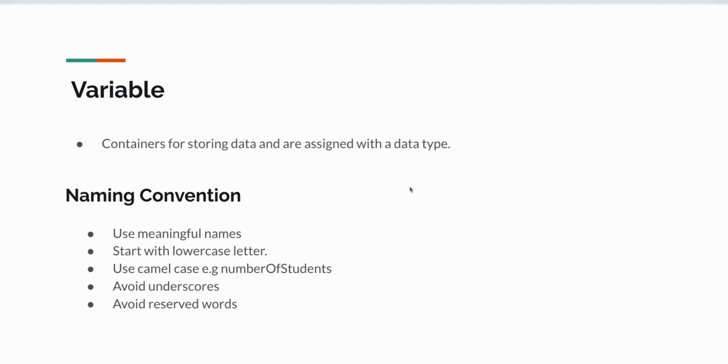Variables are containers for storing data. Imagine variables as labeled boxes where we can store different types of information.